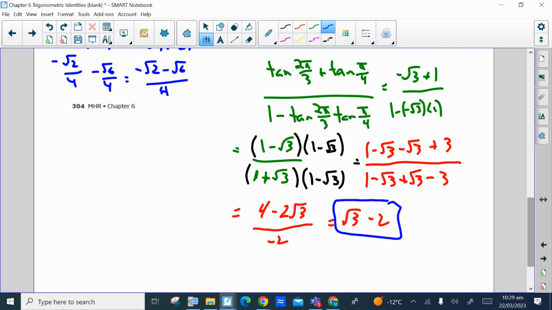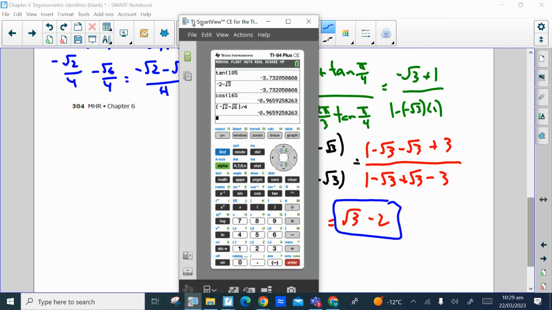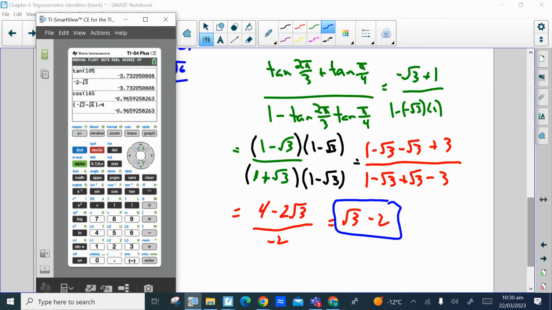which we can check in our calculator. We just have to make sure that we are in radian mode. The tangent of 11 pi on 12 is that decimal.